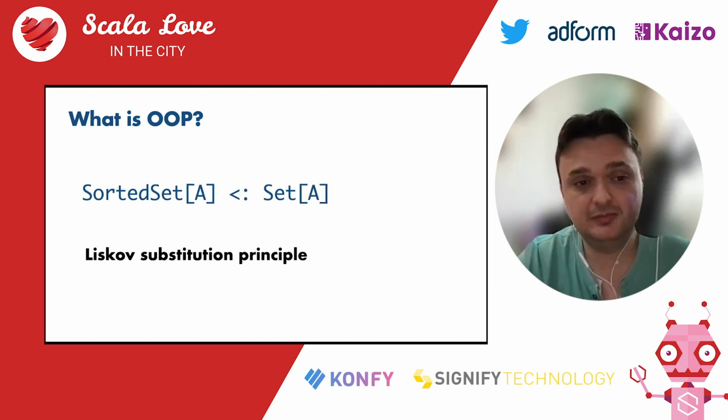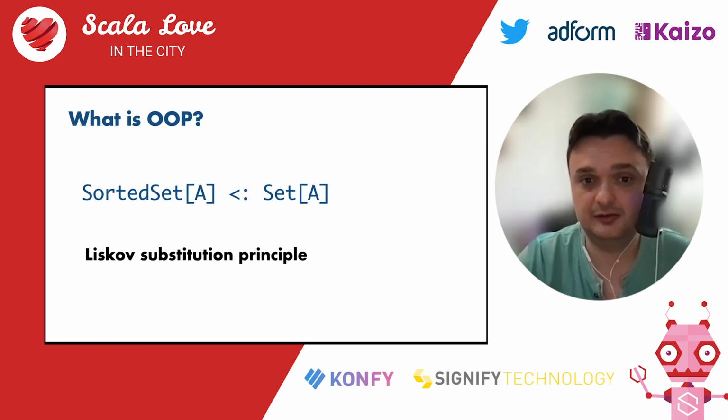Subtype polymorphism is basically the Liskov substitution principle, meaning that in case you have a piece of logic that requires, for example, a set, a supertype, you can take an object of a subtype, and that subtype can perfectly substitute for the supertype, meaning that a sorted set will behave exactly like a set in contexts where you require just a set.